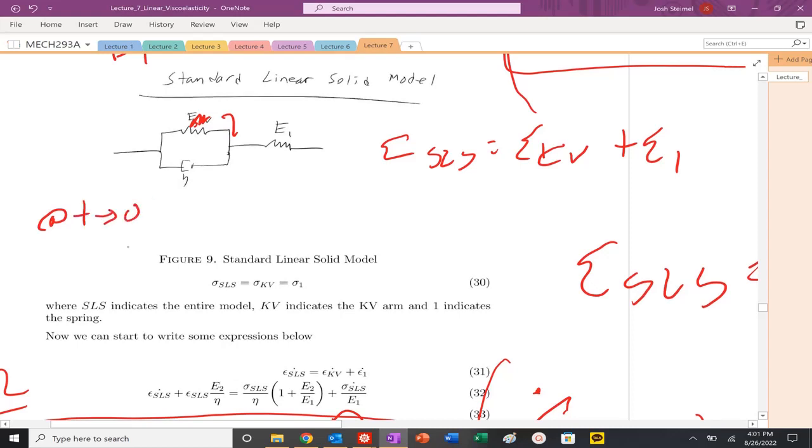One quick note: at very, very short times, you can approximate that dashpot as a solid line. You can replace it with that. At very, very long times, you could replace it as disconnected.